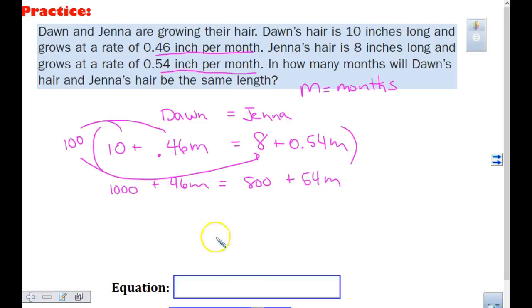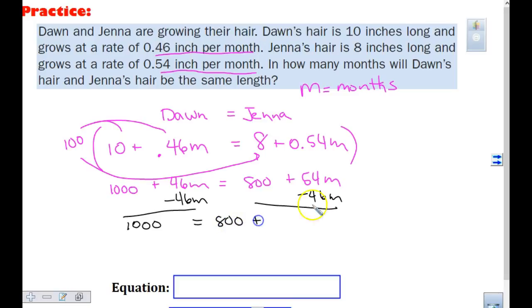Smallest variable that I want to move first. Subtract 46. Subtract 46 and keep an m with it, right? Not just 46, but 46m. Okay. So as we are doing this, we are then going to have Zach left on this side. I have what? 1,000 equals 800 plus 2.